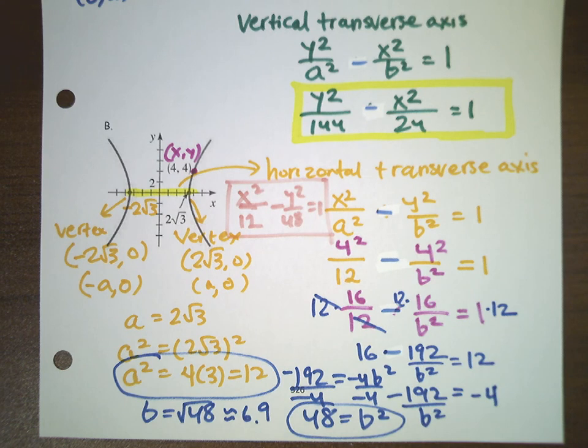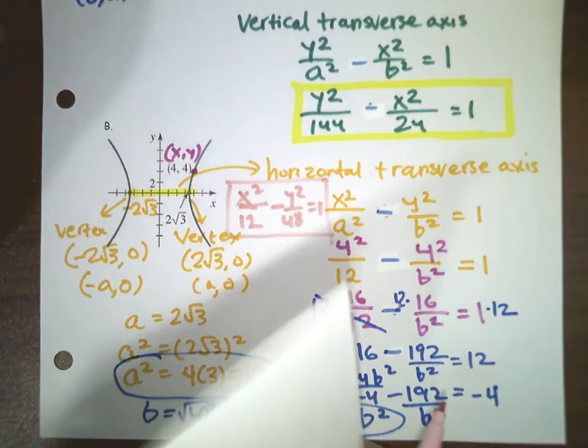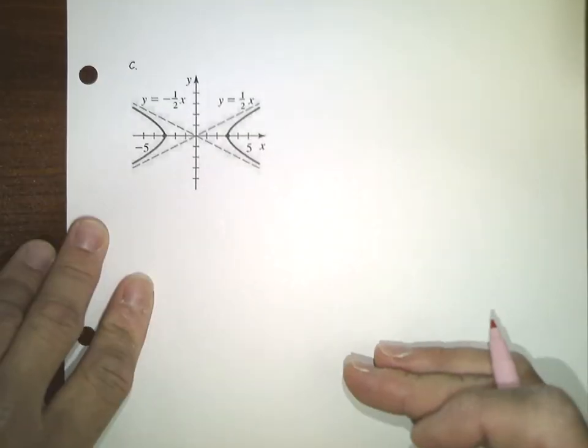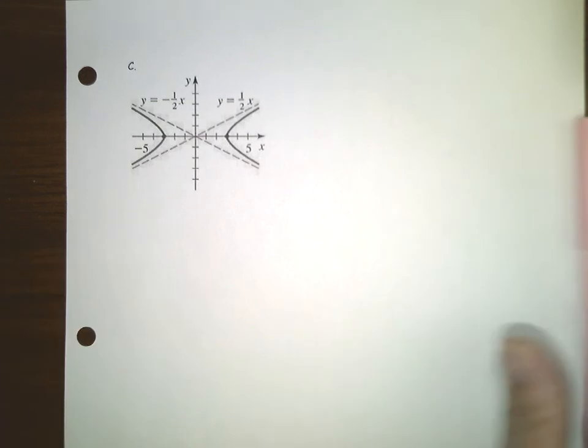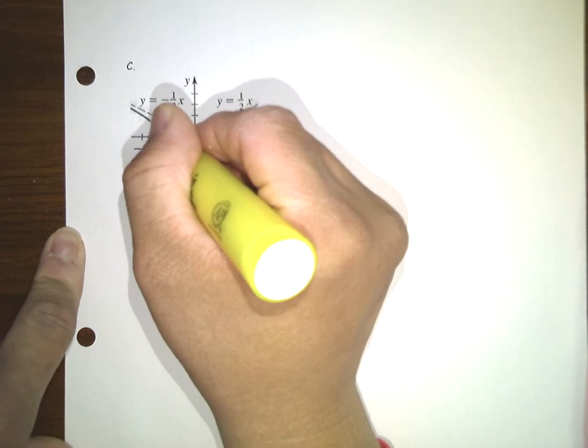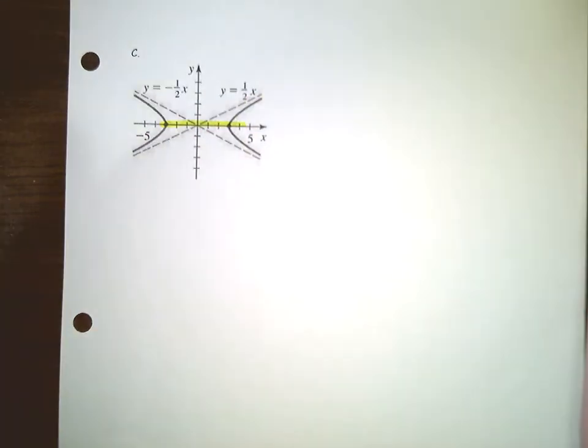All right, let's look at the last one in this section. We have the graph here, and you see that the vertices are right here at negative 5, 0, and 5, 0.